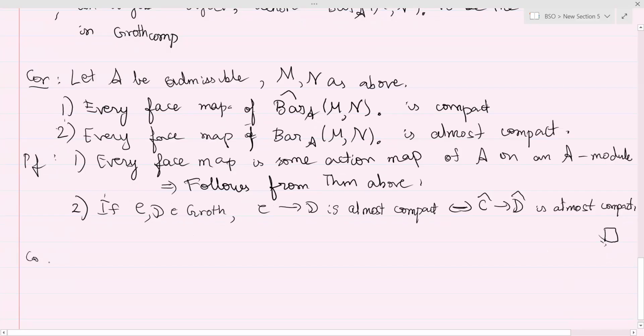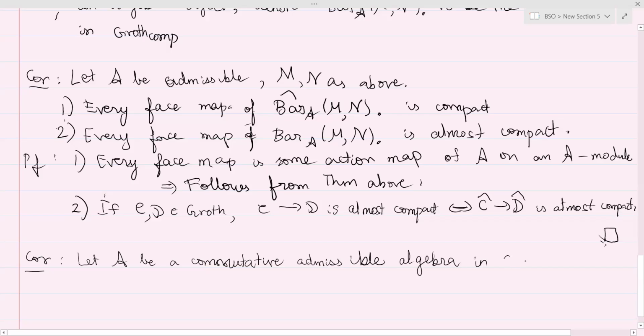So the corollary or proposition, whatever: let A be a commutative admissible algebra in Groth comp.